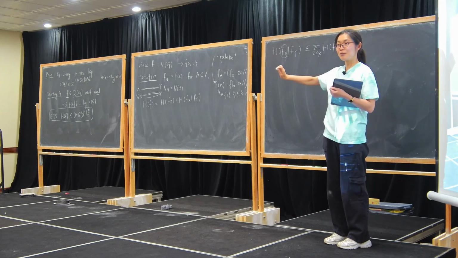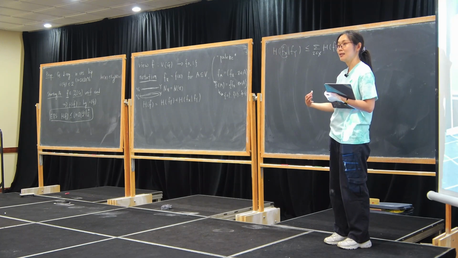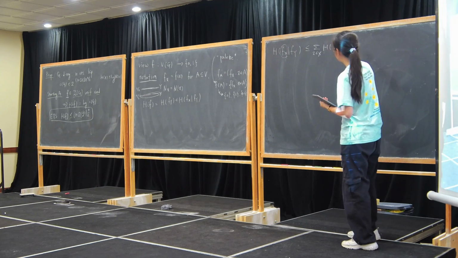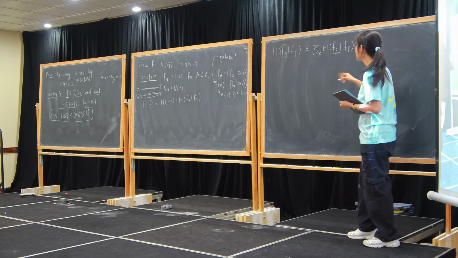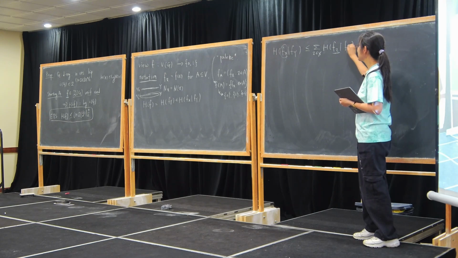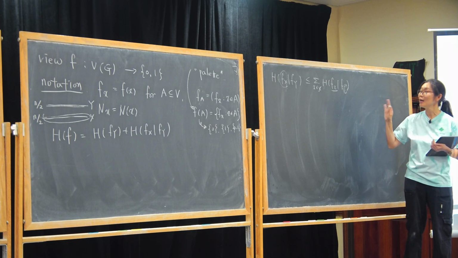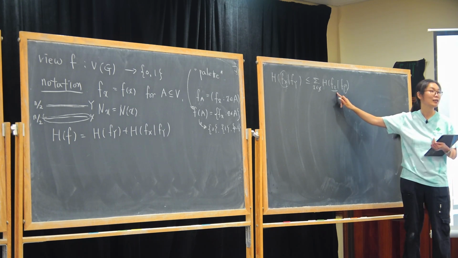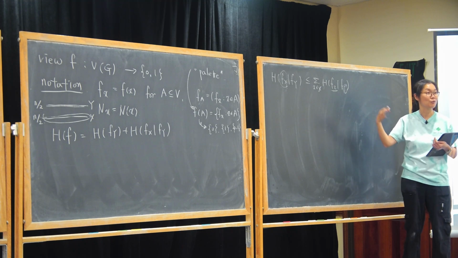Okay, we just split the random variable, and it never decreases the amount of randomness. Now we are looking at the color of x, and for this, we don't need to know all of the y's. This is too heavy a tool. What do we need to determine or to specify the color of x? We just need its neighborhood. We just need to know the information in its neighborhood.